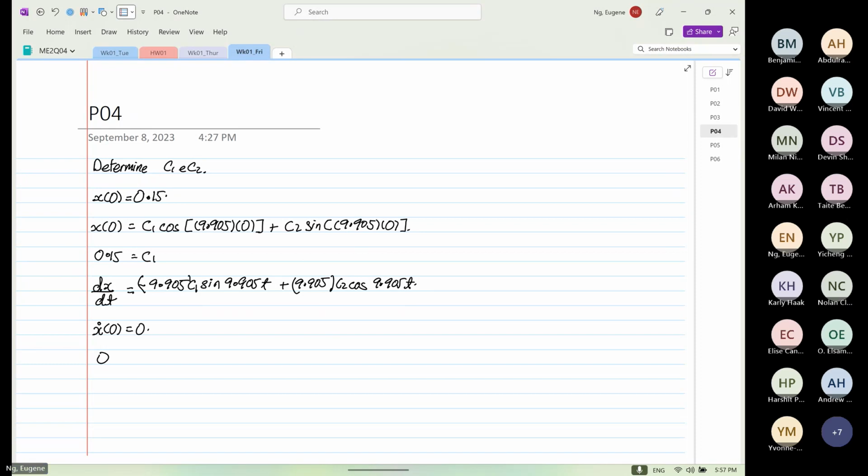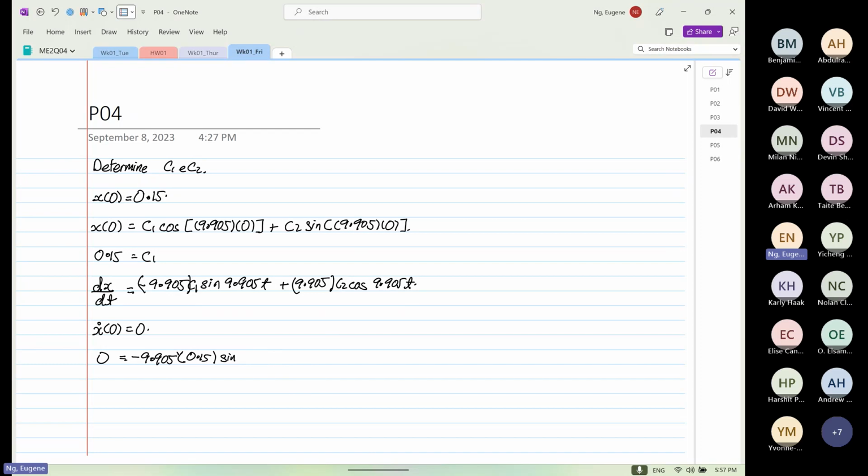So from here, this will be equal to minus 9.905 multiplied by C1, which is 0.15, sine of 9.905 multiplied by 0.